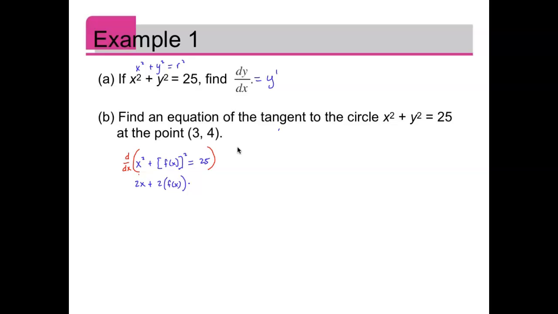What would I call the derivative of the inside function there? Good. So we're just going to write times f prime of x. Excellent. So as you can see, it's just the chain rule. And then what's the derivative of 25? What's the derivative of any constant for that matter? 0. Got it.